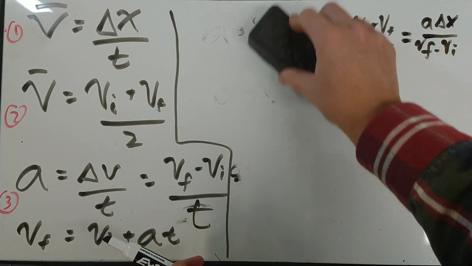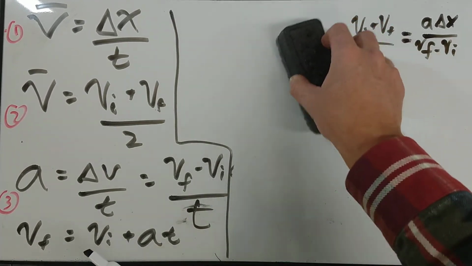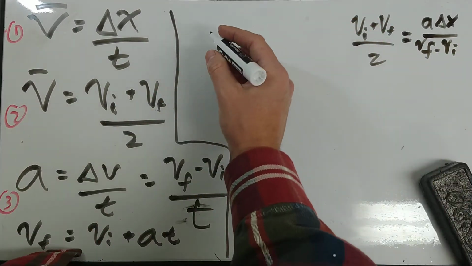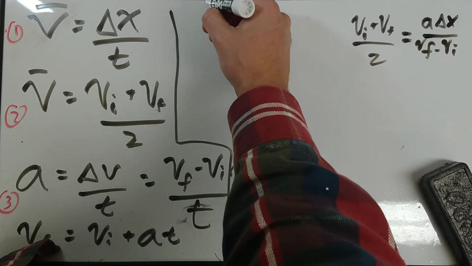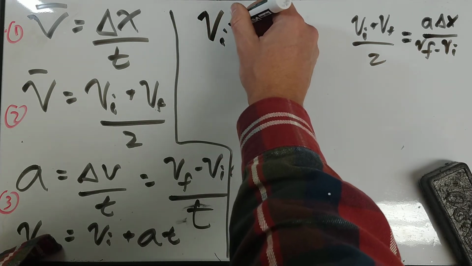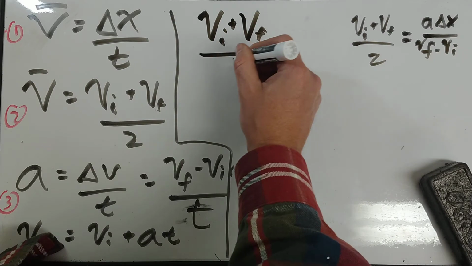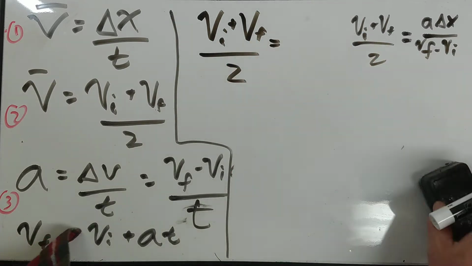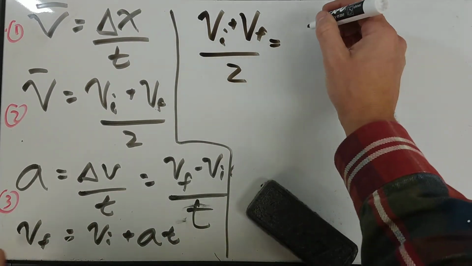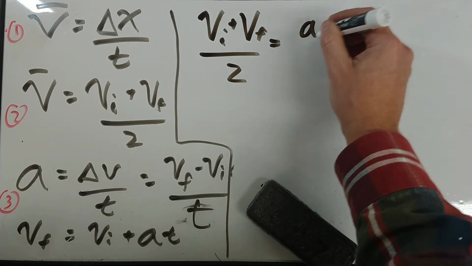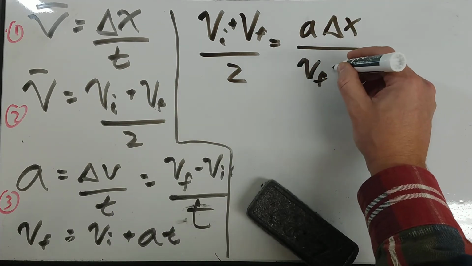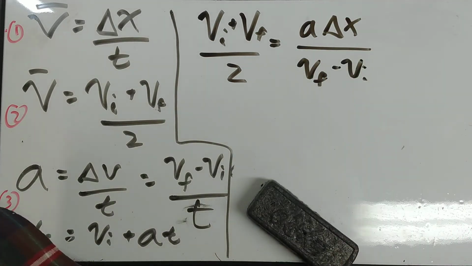I'm going to rewrite this equation a little bit bigger here. v initial plus v final over 2 equals a delta x over v final minus v initial. Okay?